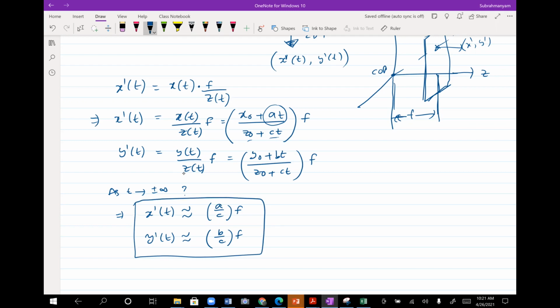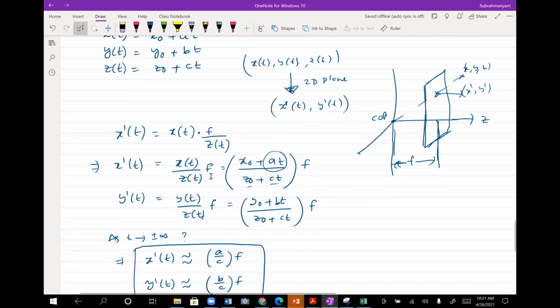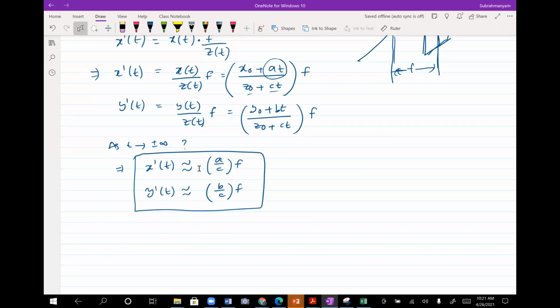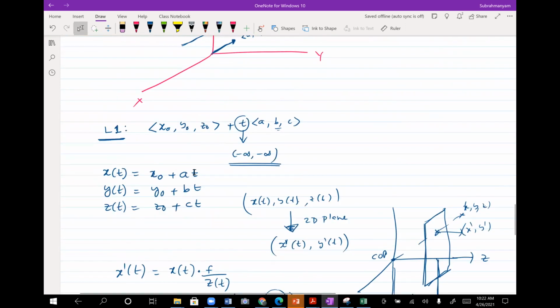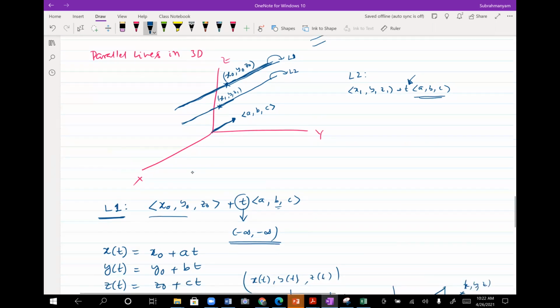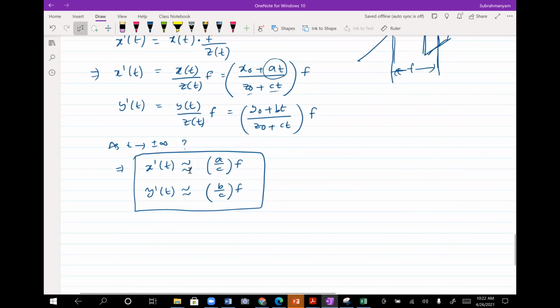Now, from these expressions, can you tell me why two parallel lines would intersect in the perspective projection? The only way you could distinguish two parallel lines here is x naught, y naught, z naught versus x1, y1, z1. These are different. But take note: this expression has become independent of x naught, y naught, and z naught.